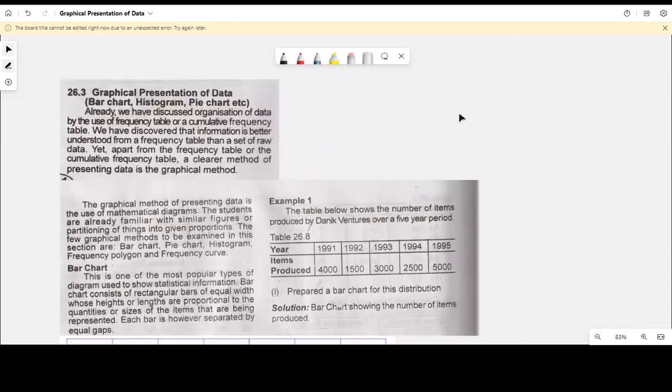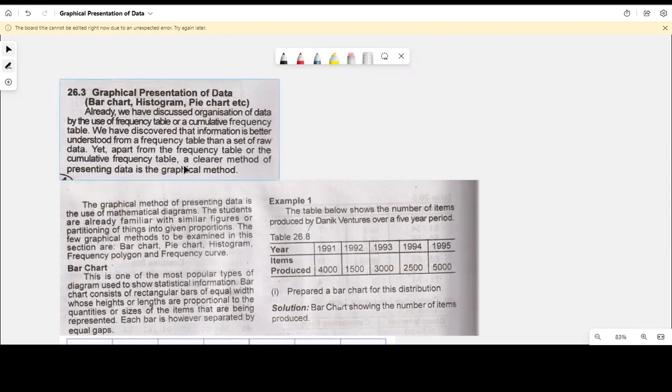So another way we can present data is by the use of graphs, such as bar charts, histograms, pie charts, and so on, which can be used to present data in a more concise manner.